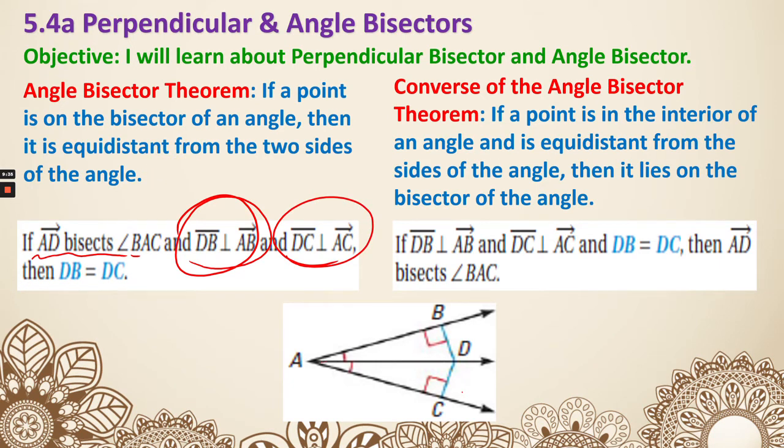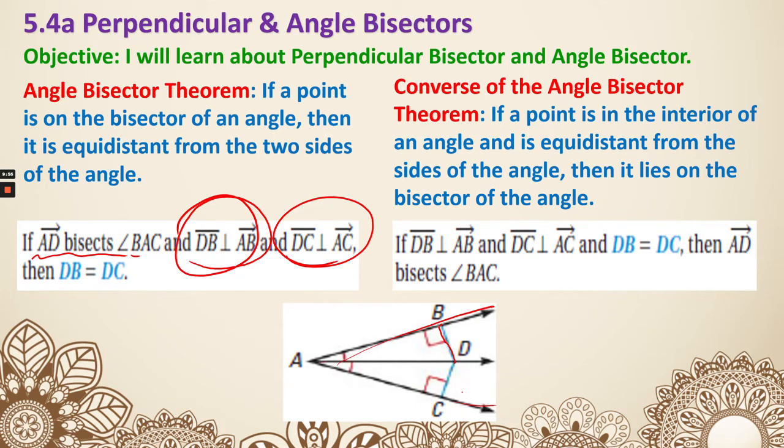Because when we talk about the distance from a point to a line, we are drawing these perpendicular lines to actually measure the distance. And then after that, we can conclude DB is the same as DC. So the key is these are lines that are perpendicular to these two rays that make up the angle.